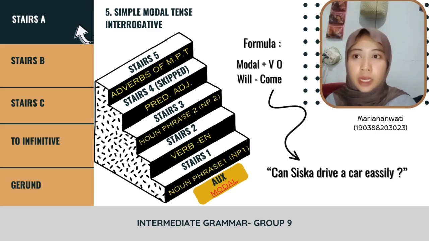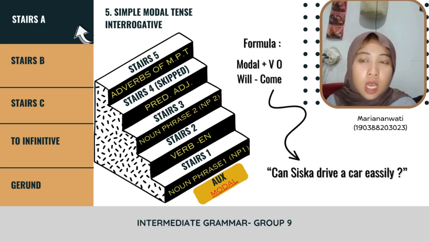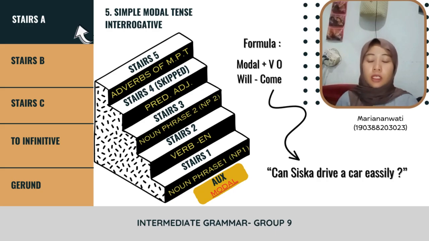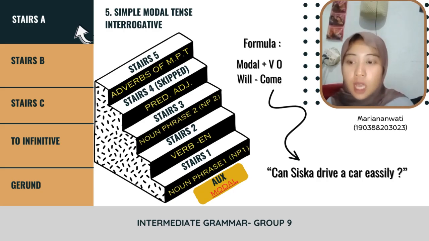Okay, next about simple modal tense interrogative, or modal tense question yes or no. Simple modal tense interrogative has one formula. The formula is modal plus verb, will come. They have 6 stairs.